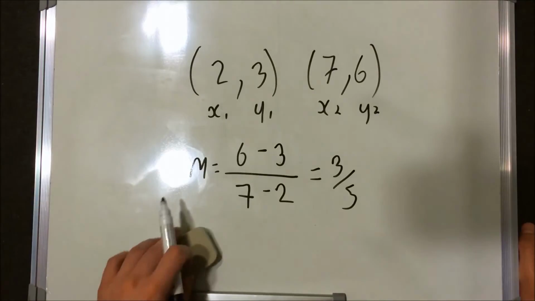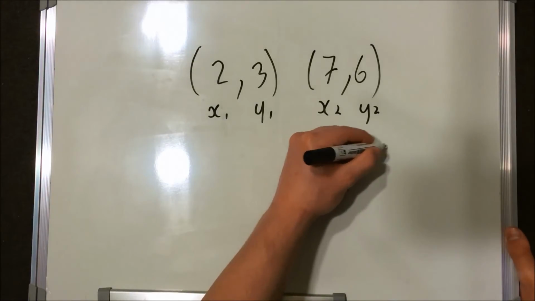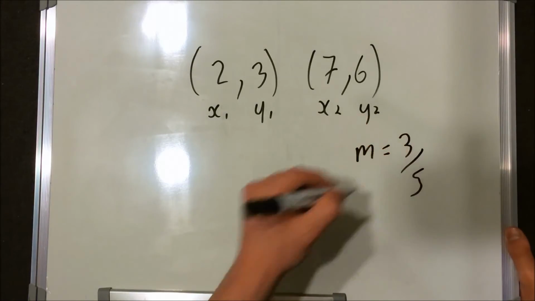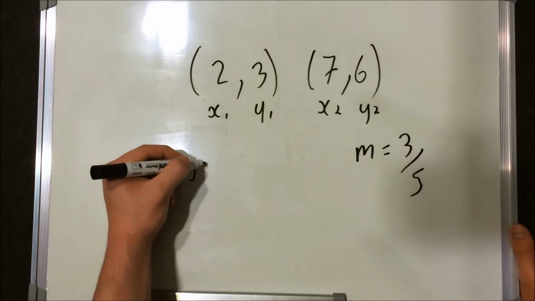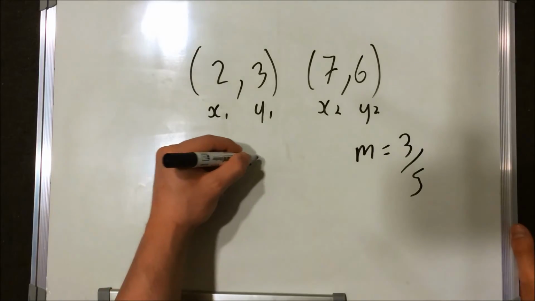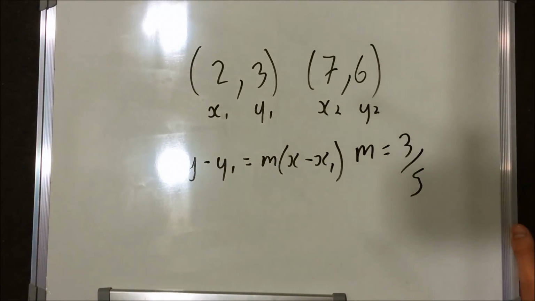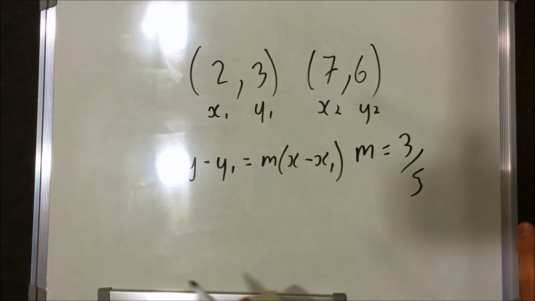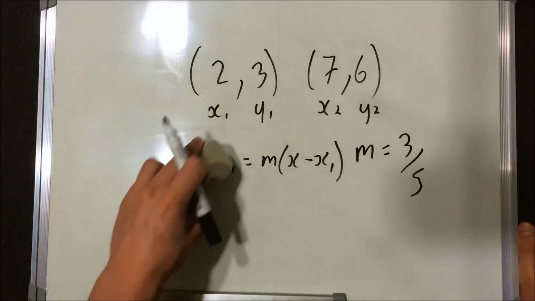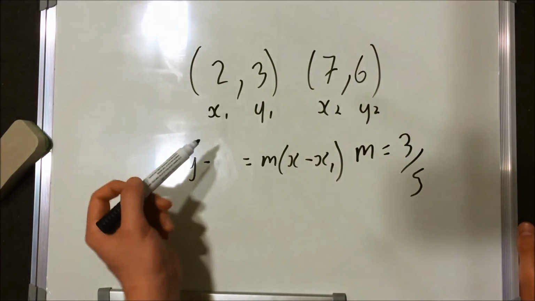So to find the equation of this line now, you know that m is 3 over 5. So we're going to do y minus y1 equals m x minus x1. Same as earlier. Pick any point. So you can either use this coordinate or you can use this coordinate. In this case I'm going to use the first coordinate. Doesn't matter which coordinate you use as long as you're consistent.